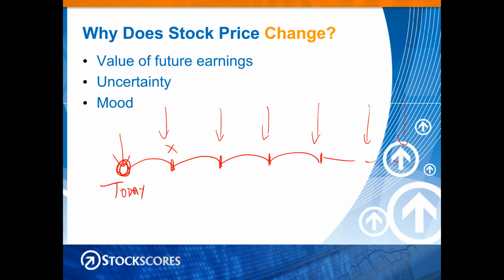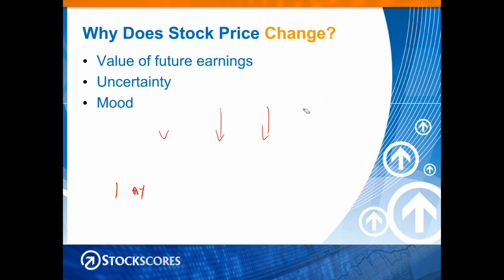Now, the stock market is a place where investors argue about that. So every day in the stock market, you have buyers and sellers arguing about what the company is worth.